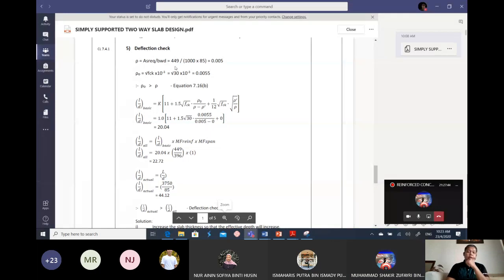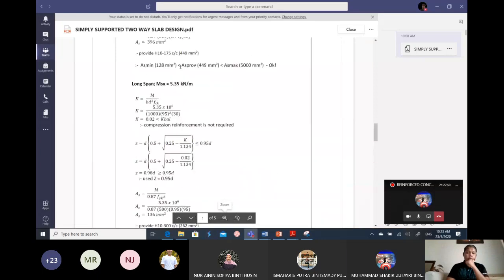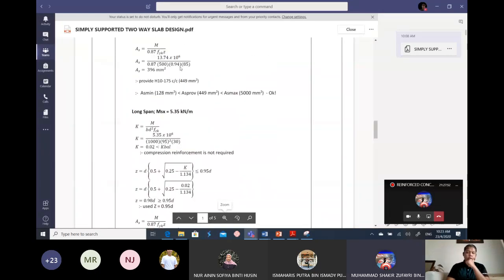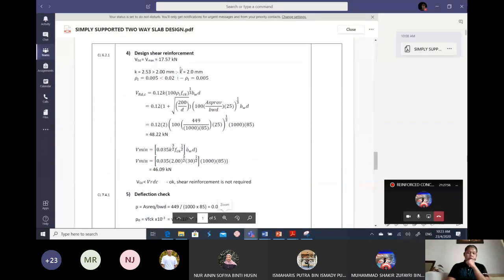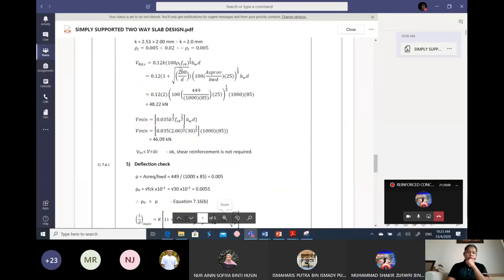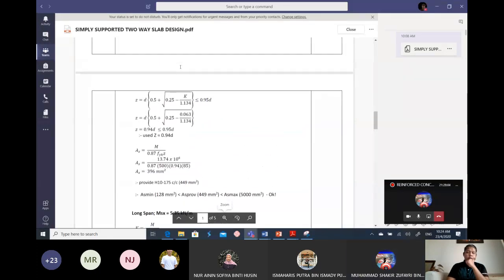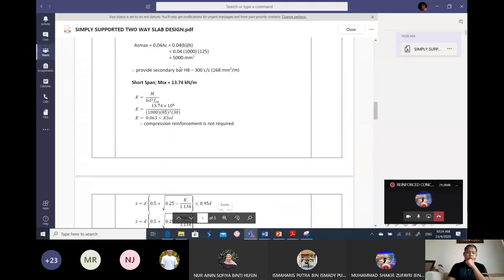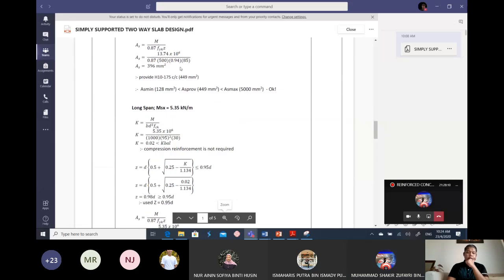Here is supposed to be AS required, right? 449 is AS provided. Oh, here is supposed to be AS required, which is 396.